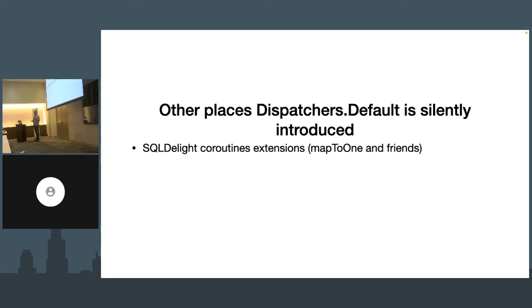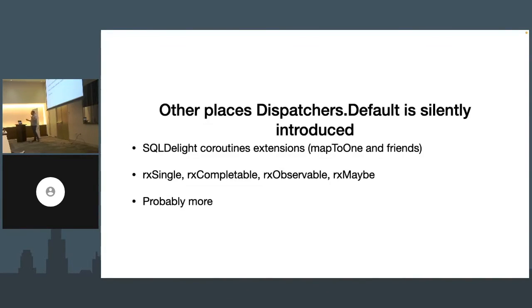They have a default argument that's Dispatchers.Default. So you may not see that, but it's happening. Rx single, Rx completable, Rx observable, all of these default to using Dispatchers.Default. You're not going to run into these in coroutine tests because you're probably using these to adapt RxJava code if you're using them, but they're really going to ruin your day in RxJava code, let me tell you that. There are probably more out there.